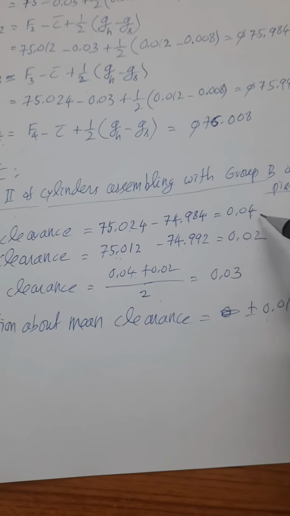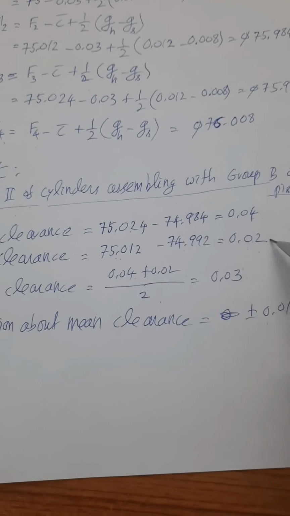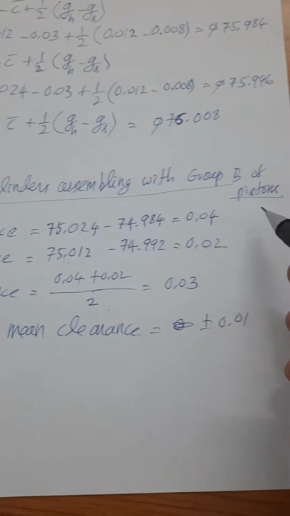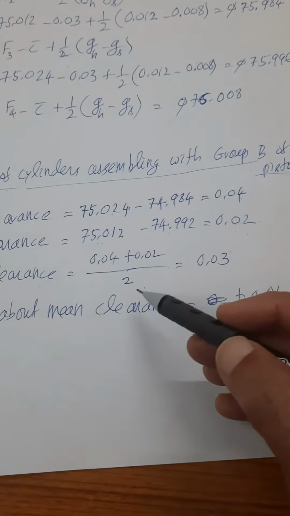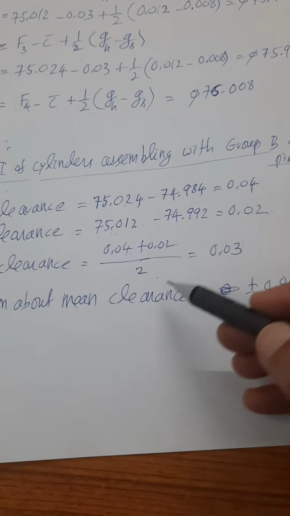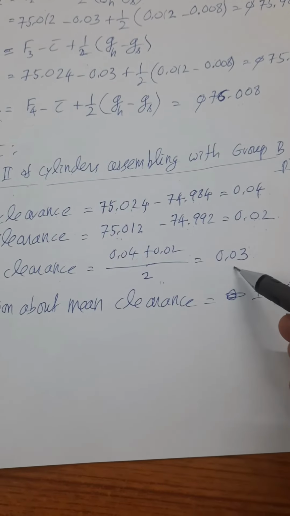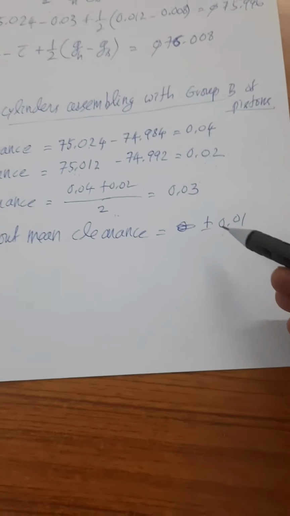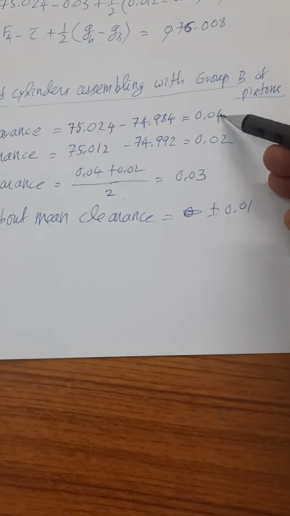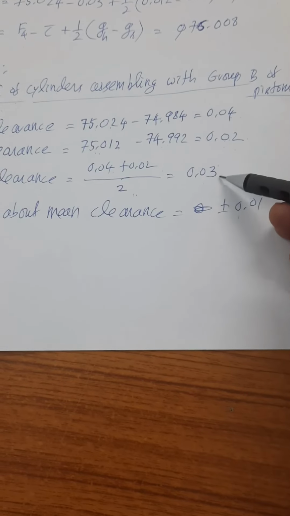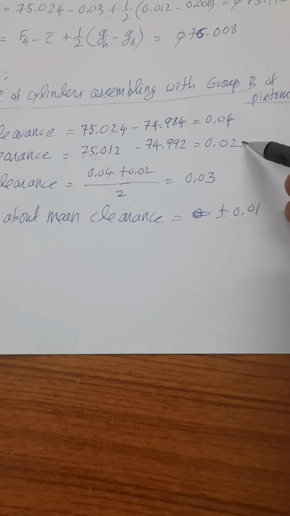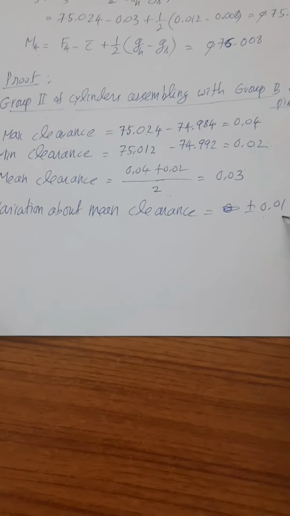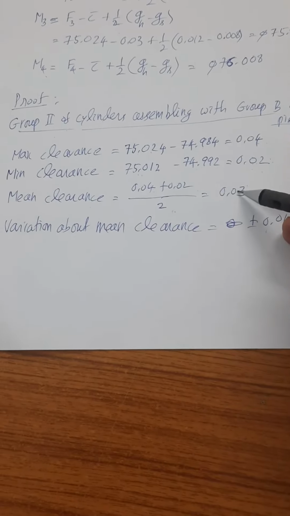So the maximum clearance is 0.04, minimum clearance is 0.02 when you assemble group 2 of cylinder with group B of piston. So the mean clearance is found by adding these two divided by 2. You are getting 0.03. From the 0.03, the upper value is varying by plus 0.01. From the 0.03, the lower value is varying by minus 0.01. So plus or minus 0.01 is the variation about the mean clearance of 0.03.